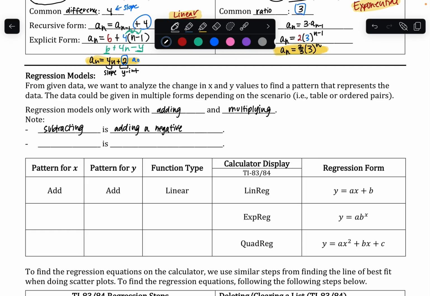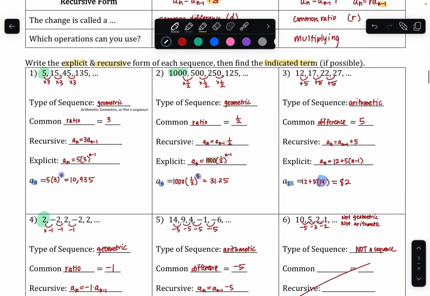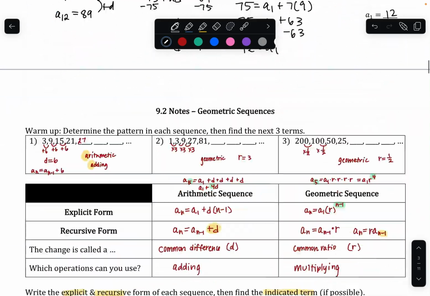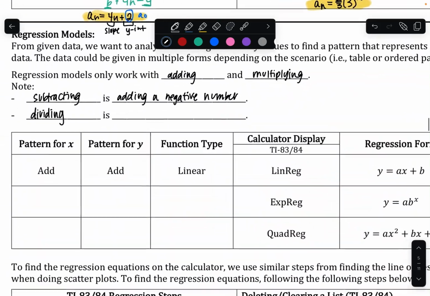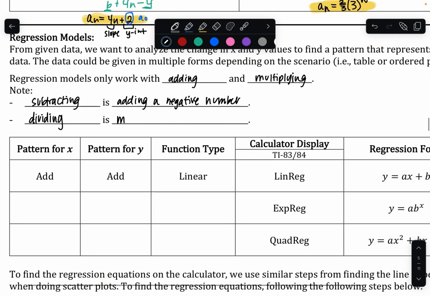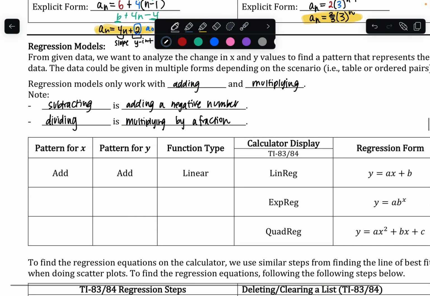And dividing is multiplying by a fraction. So for example, multiplying by 1/2 is the same as dividing by 2.